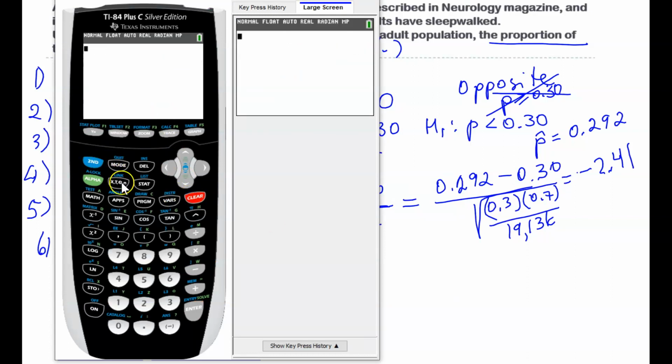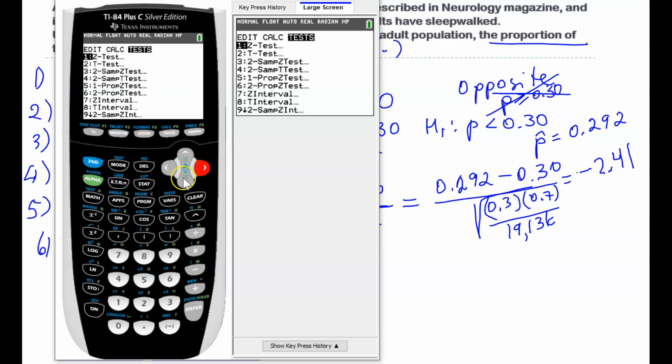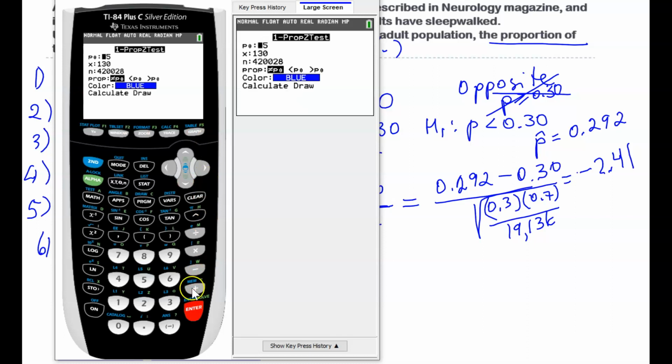In the graphing calculator, you go to Stat, Tests, then scroll down to 1 proportion z-test, number 5. Click enter. You will enter your null hypothesis, which is 0.3. Then you will enter x values. We need to calculate what is our x value.